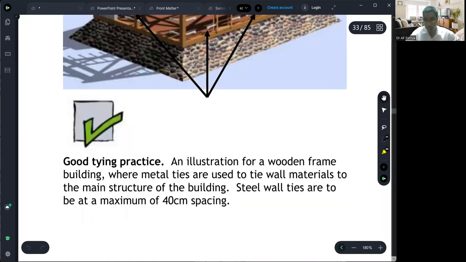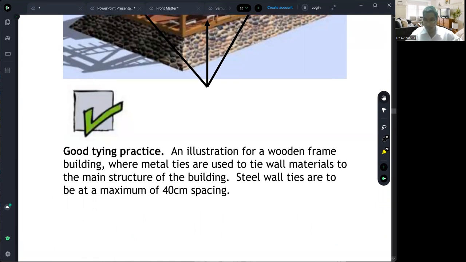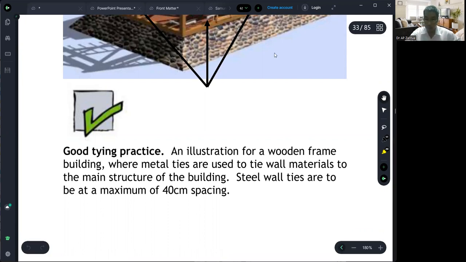So good tying practice. This is an example for wooden frame, meaning the beam and post are made up of wood, but the wall could be made up of masonry or hollow blocks walling. And we have an example where metal ties are used to tie wall materials to the main structure of the building.